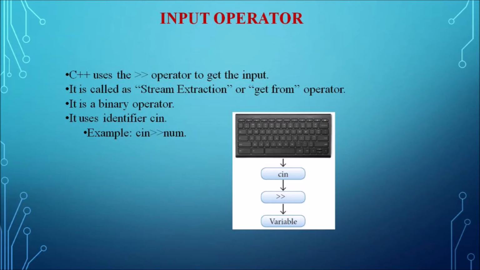Cin gets the input from the user with the help of this input operator. So it is read as cin, then the double greater than, the input operator, and then the variable. This is how the input operator works.